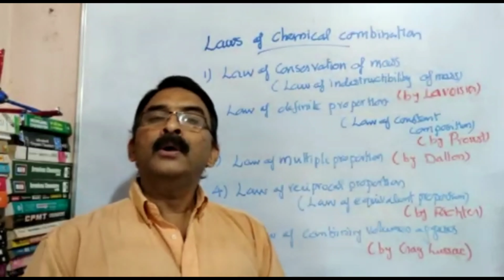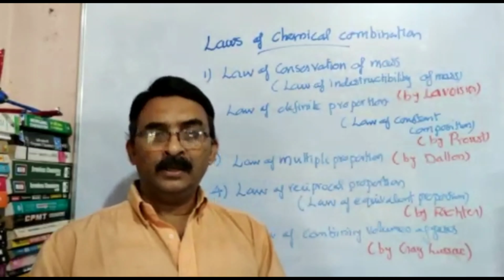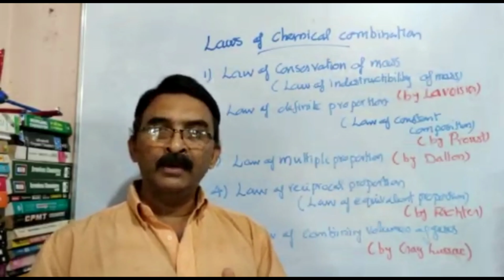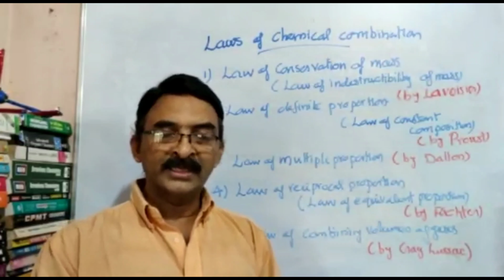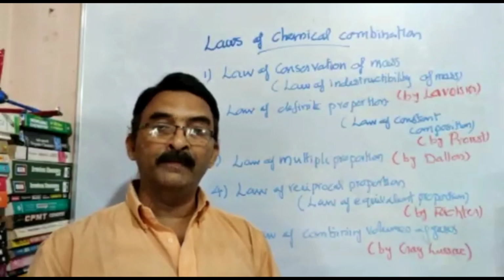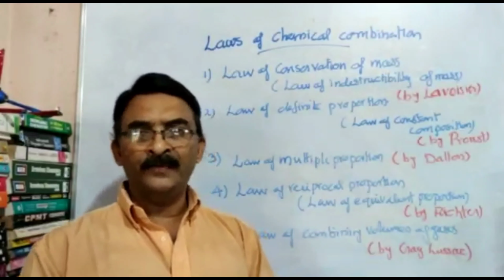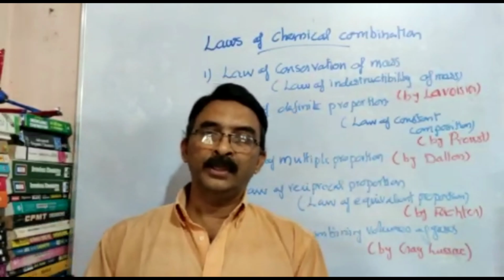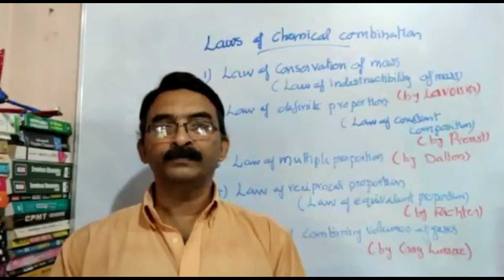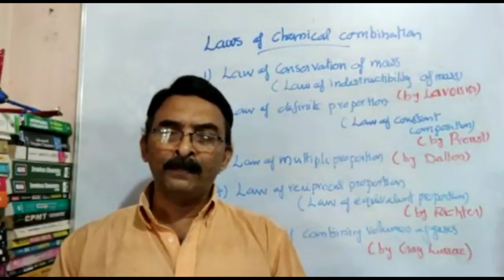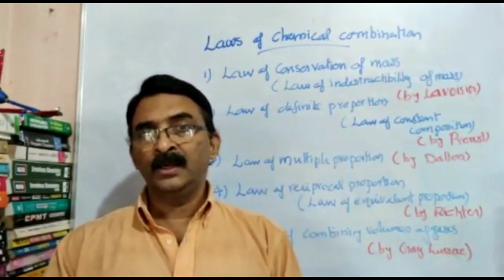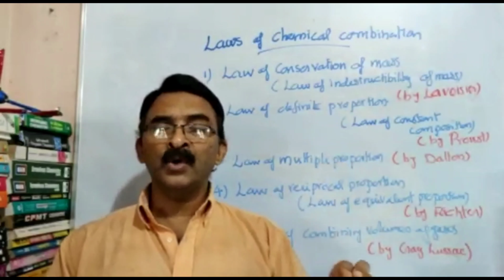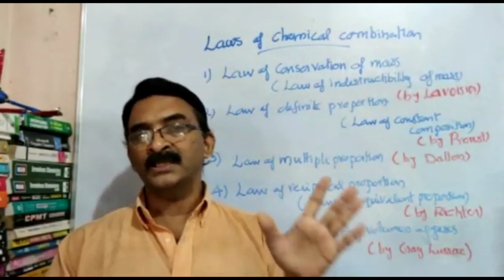This law, total mass of the reactant equal to total mass of the product, is applicable whether the reactants and products are in solid state or liquid state or gaseous state or in a mixed state. It is valid everywhere. Likewise, laws 2, 3 and 4 as before. But the fifth law is based on volumes only. So it can be applied only to gaseous state. It cannot be applied to solid or liquid state.